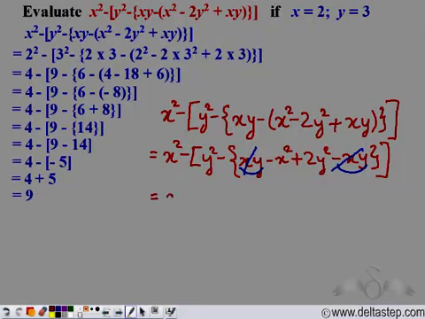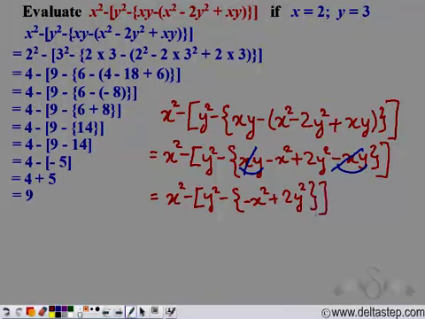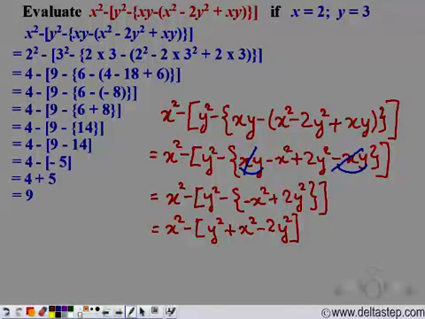We get x square minus y square minus negative x square plus 2y square. Again we have a negative sign here. So we open the bracket and change the signs. So y square plus x square minus 2y square.